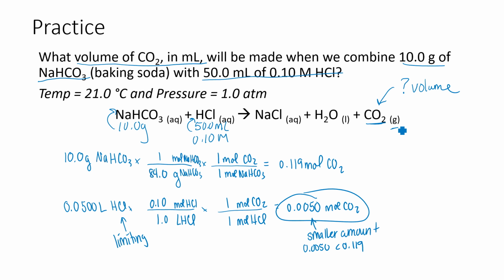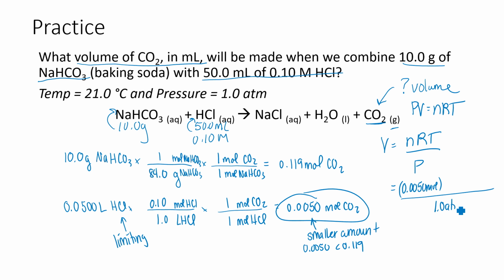And this is a gas. So here's where I want to use PV equals nRT. I'm going to rearrange this for volume, so volume is nRT over P. Our n is 0.005, and our pressure is 1 atmosphere. We'll leave R out for now.